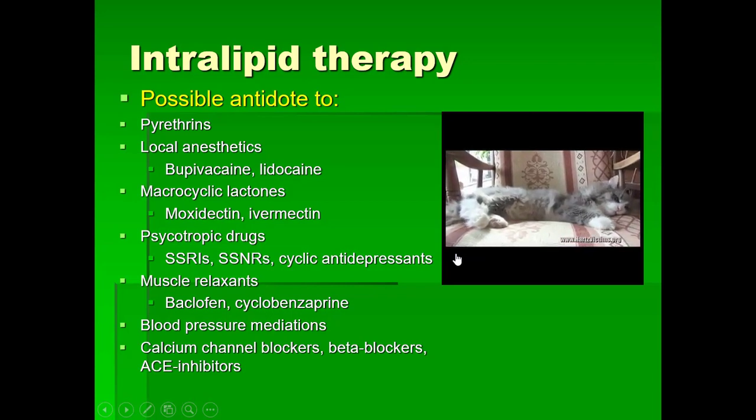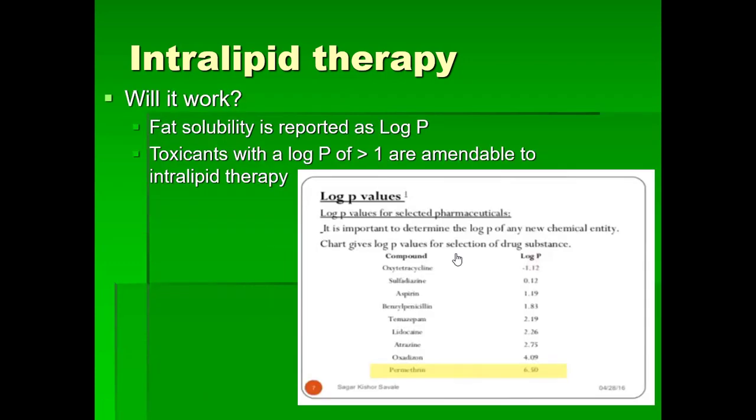Now, if you wonder whether a substance is very lipid-soluble and this therapy may work, you can look at how fat-soluble it is by searching for its log P value. P is the partition coefficient that measures how much of a substance dissolves in the water portion versus an organic solvent, which is usually octanol.